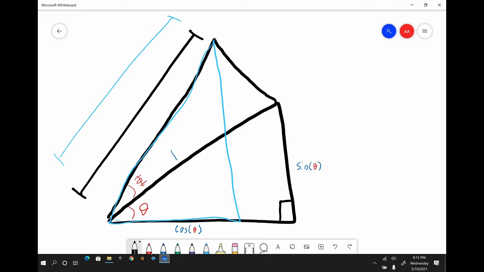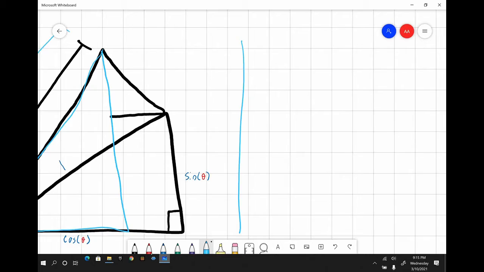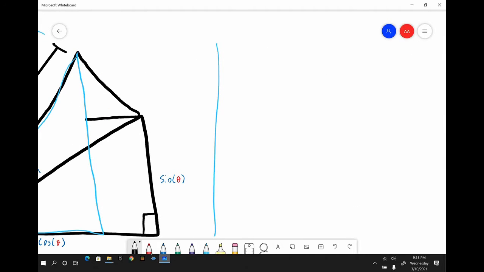Now, if we look here, I'm going to draw a line connecting from the edge of the triangle with angle theta and the big blue triangle. We can see that a part of that opposite side length is actually composed of the sine of theta. So what we're looking for is just this missing piece here.